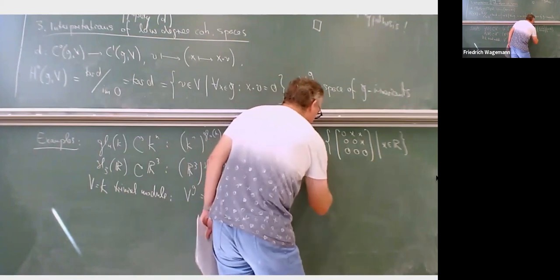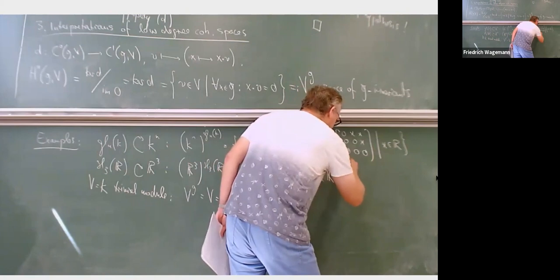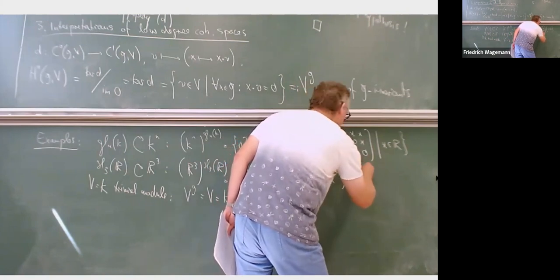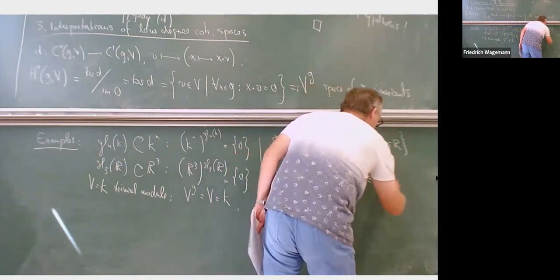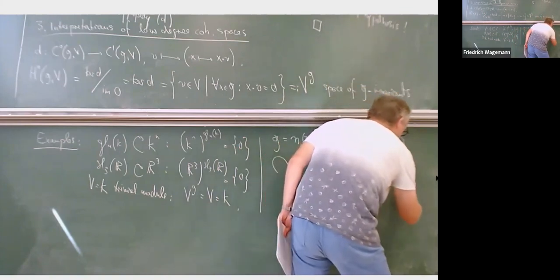And here the invariants are very clear. It is the vector space generated by (1, 0, 0).